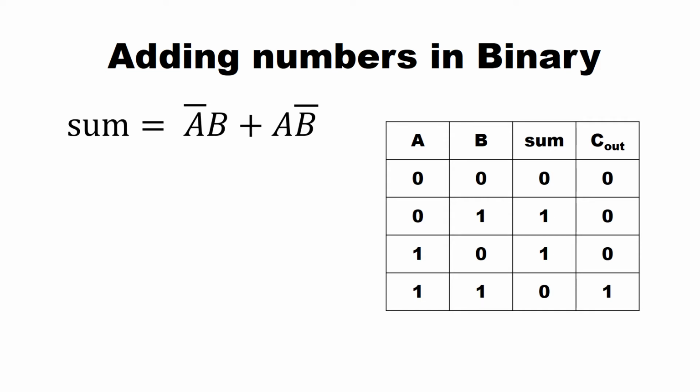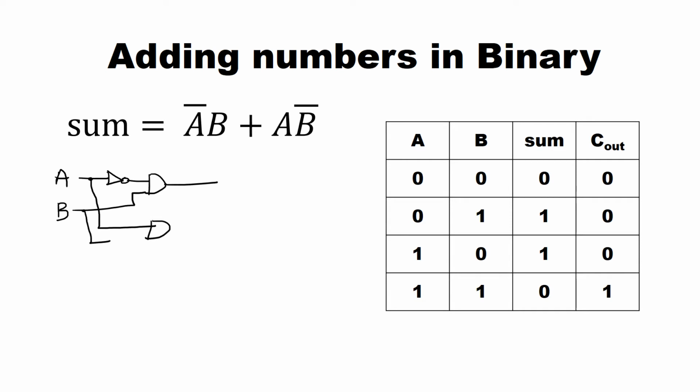So remember, the goal of this is to come up with a circuit for adding numbers in binary, and I can draw my circuit for the sum. That's pretty easy. So here are my input switches A and B. First, I need a not A, that's a not, ANDed with a B, and then I need an A ANDed with a not B. I know my AND gates are a little messy there.